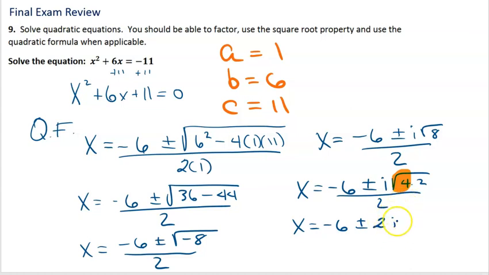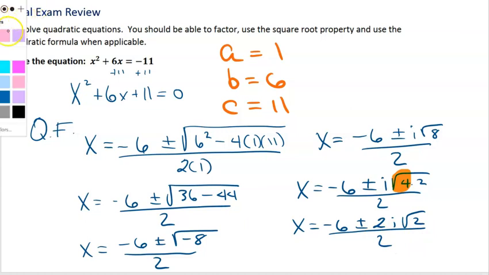Notice I put the 2 in front of the i, and then square root of 2 from here stays underneath. And then finally, check this out. This number and this number are all divisible by 2. So that's what I can do. Really what you're doing is factoring out the common 2 and then canceling with that 2.